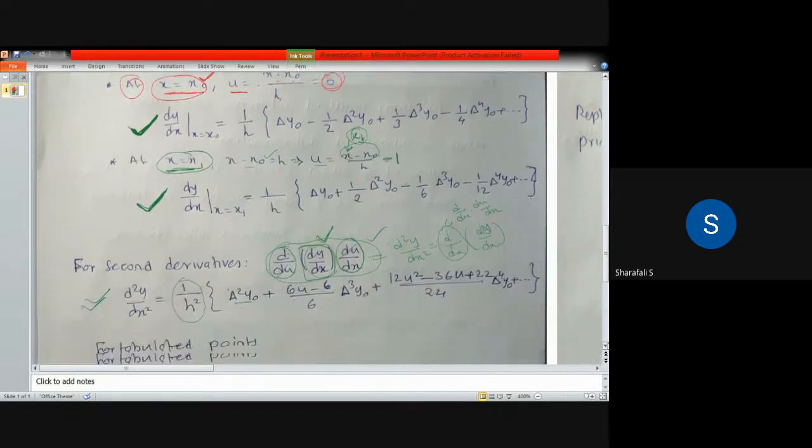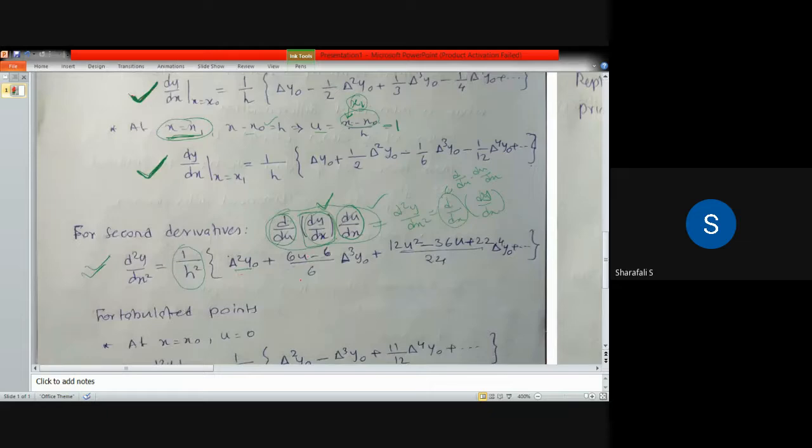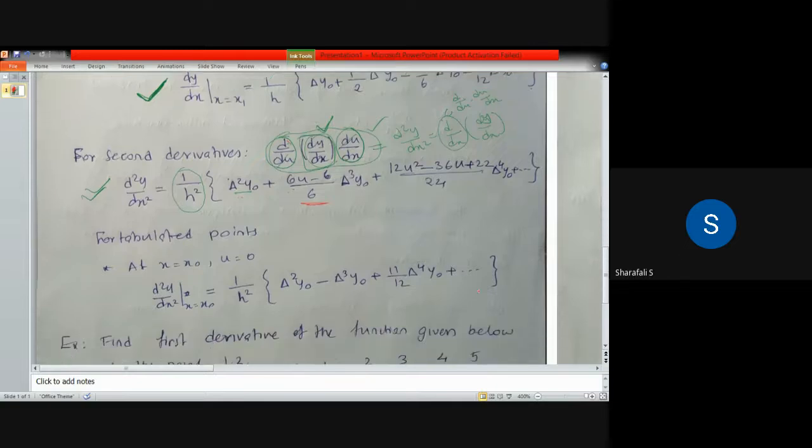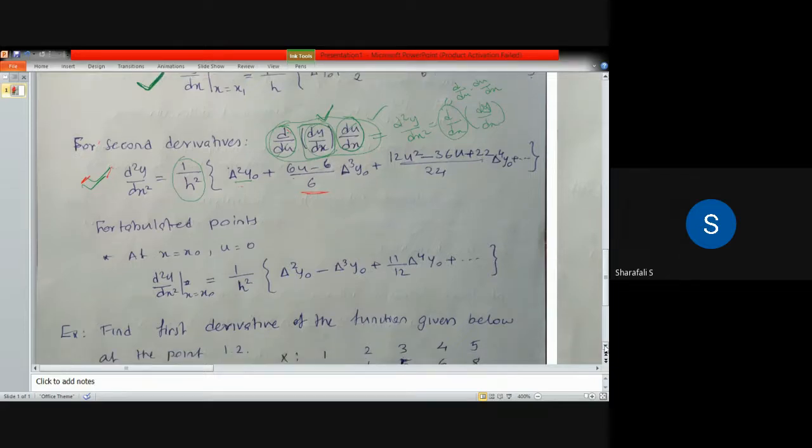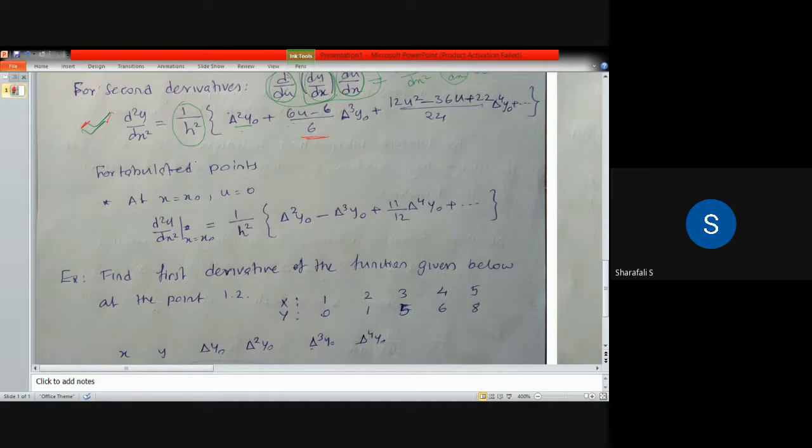So in the same way, you have to differentiate all those u terms, and you will get this kind of equation. Then you can easily calculate what the d square y by dx square value is for any point within the given data set. Okay, so for tabulated points, similarly you can consider at x equal to x0 your u will become 0, and d square y by dx square at x equal to x0, you can find out like this.